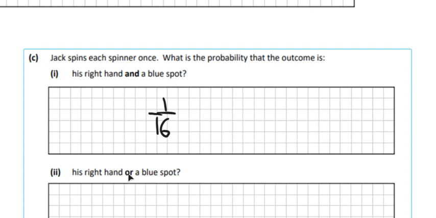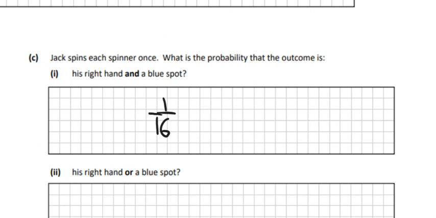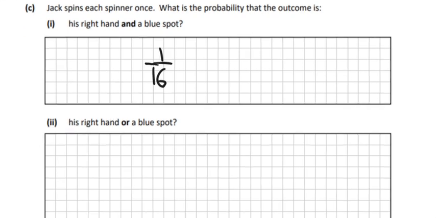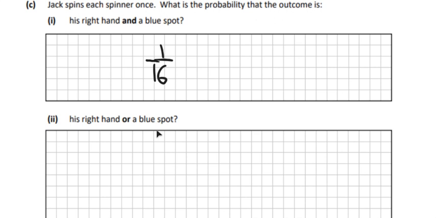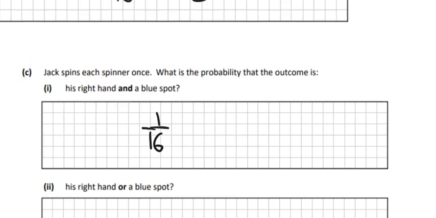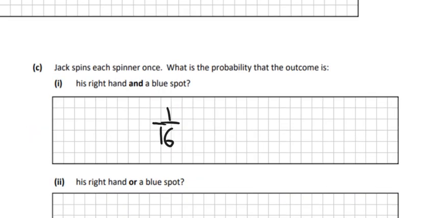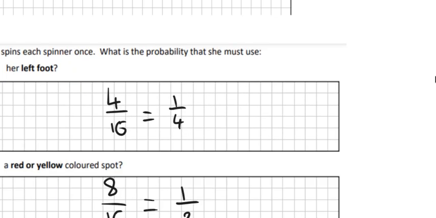His right hand or a blue spot. For this part, we have to see how many of the outcomes are where he uses his right hand, and how many are where it lands on a blue spot.